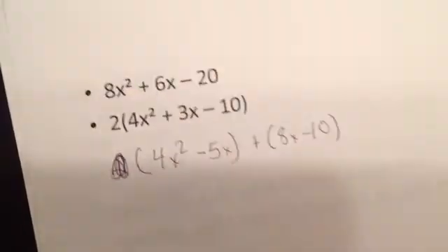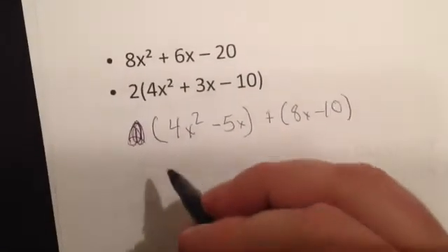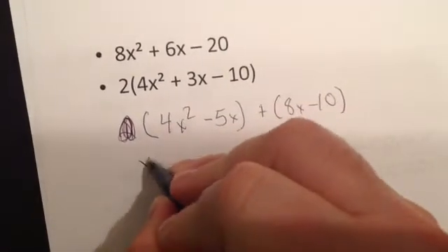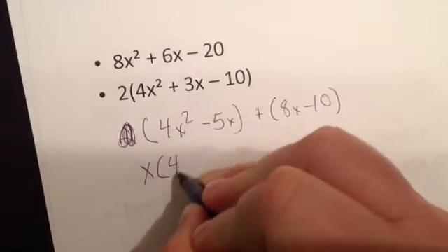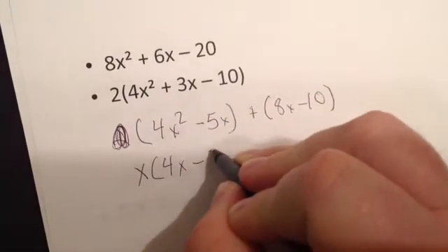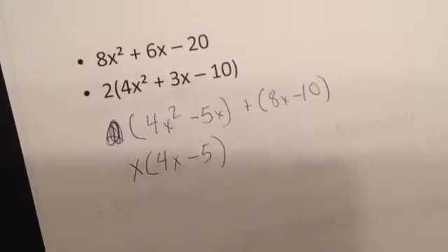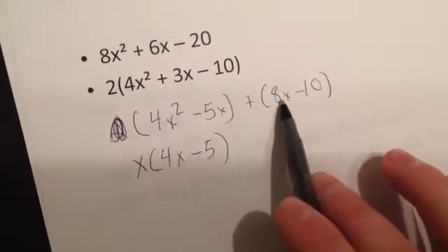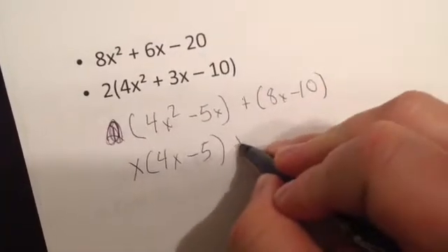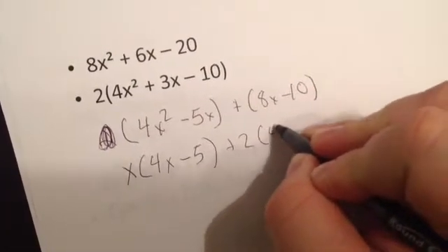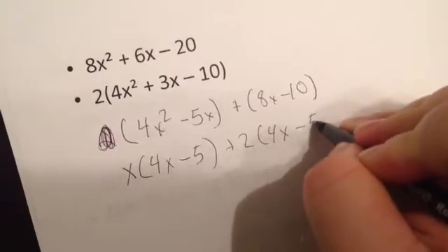Get rid of that 2 for a second. So we're going to factor out an x here. And that would leave 4x minus 5. Over here, I'm going to factor out a 2. And that would leave 4x minus 5.